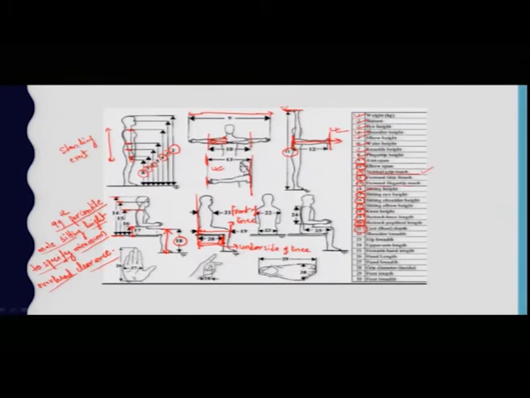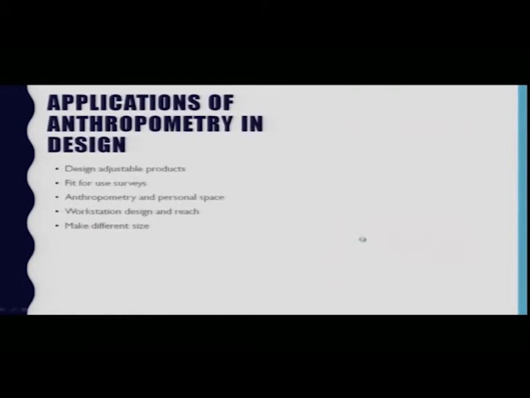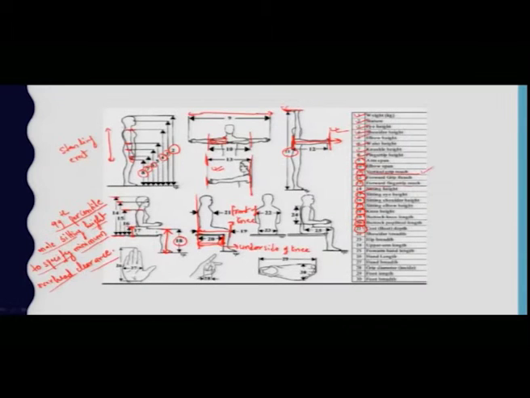Again, this is chest depth. As you can see from this figure also, 22 is the shoulder breadth, and this shoulder breadth is defined as the horizontal distance between the right and left outer upper points of the shoulder blades. 23 is the hip breadth.